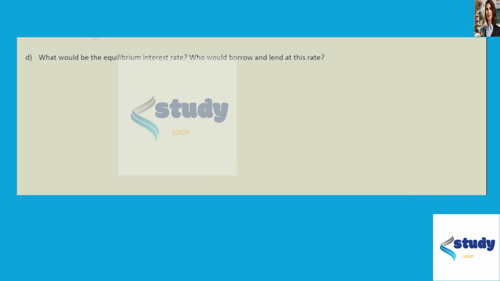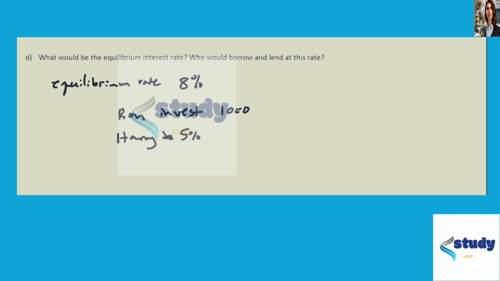For part D, what would be the equilibrium interest rate, and who would want to borrow and who would want to lend at this rate? The equilibrium rate is going to be 8%. At 8%, Ron can invest at 8%, so he's going to continue to invest his $1,000. Harry can only invest at 5%, so he doesn't want to invest.